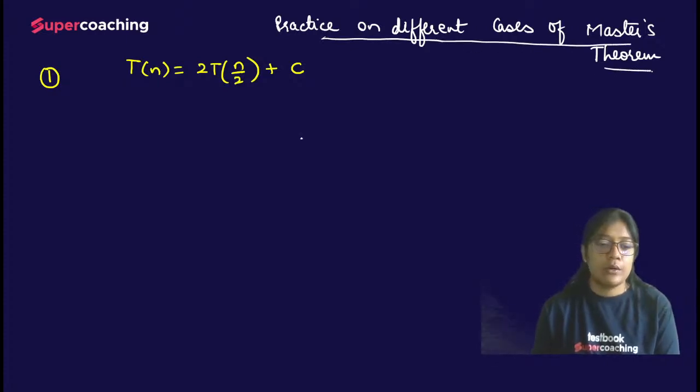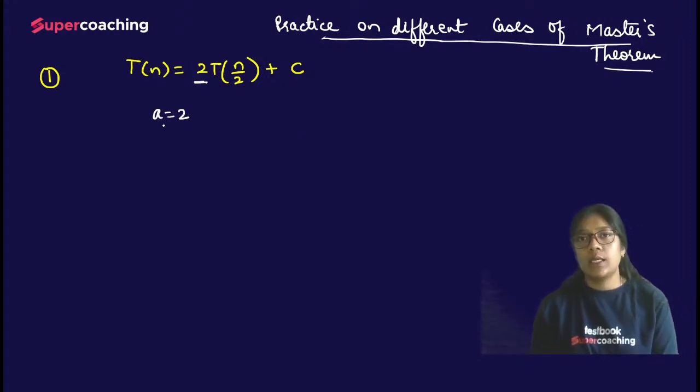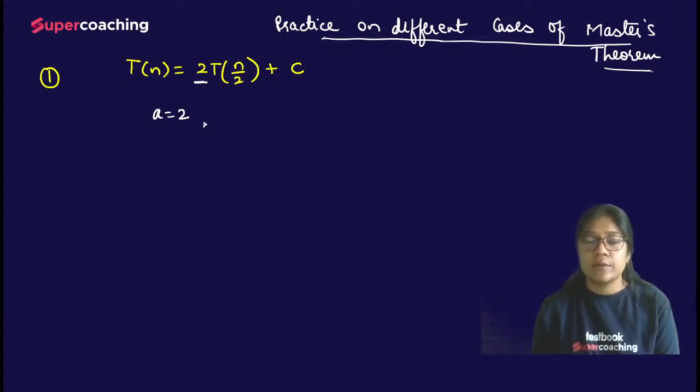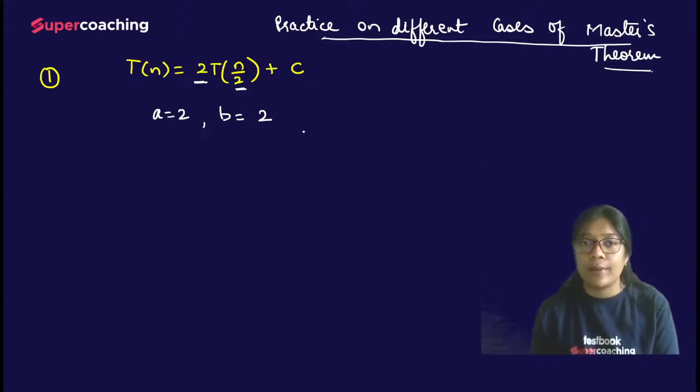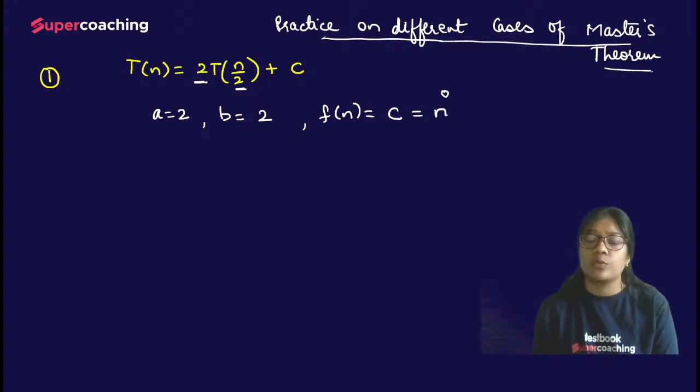If you see here theta of n, very good. If you see here a is equal to 2 and a should be greater than equal to 1, so this condition is satisfied. b is equal to 2, n by b होता है, b is also strictly greater than 1, so we can apply the Master's theorem. f of n is constant. This can be written as n raised to power 0.